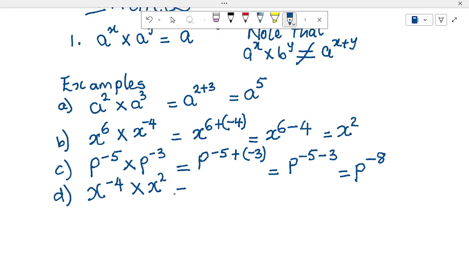Let me give you a few seconds to answer that. And you see that this is very simple. These are the basic laws of indices, and we are just taking one out of it.